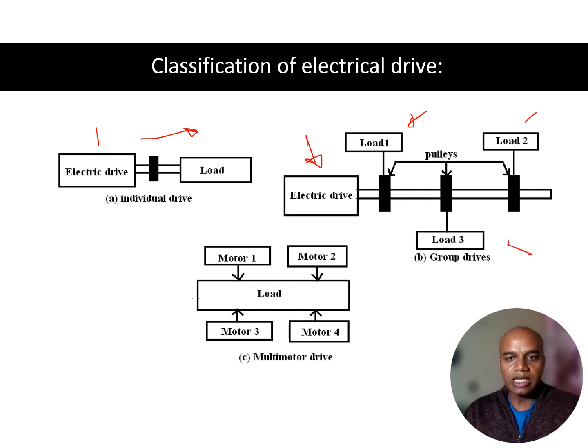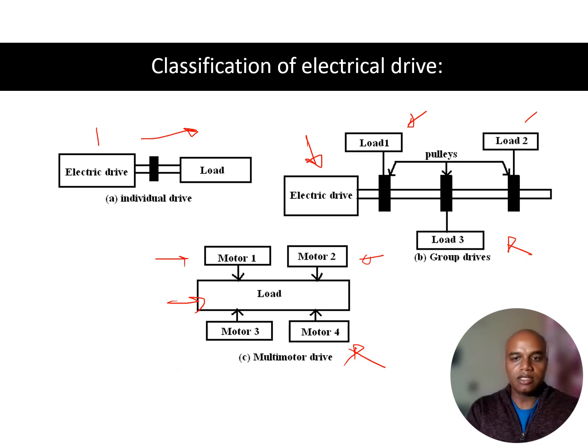Here it is being shown that the three loads are being run by a single motor. So this is a group drive. Whereas the multi-motor drive is where many motors are used together to drive one load.